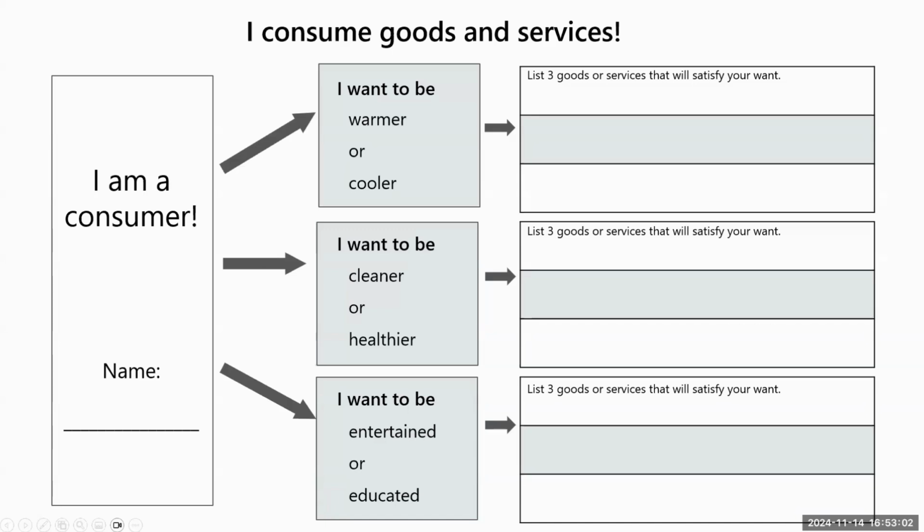So if I wanted to be warmer, I could buy a blanket, some hot chocolate, or another dog to keep me warm. And then if you have one-to-one technology, you can extend that and let kids start looking for prices. What are the prices of some of these things that we could buy as a consumer?